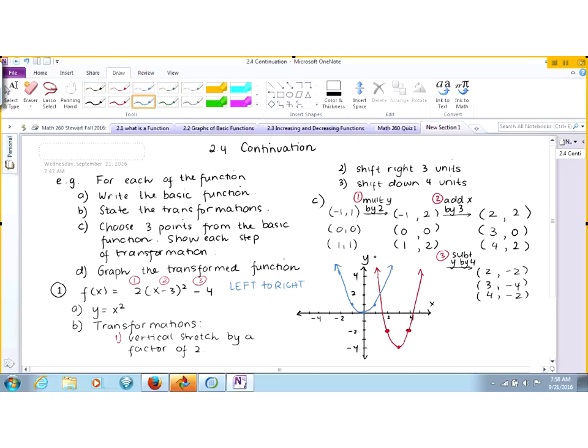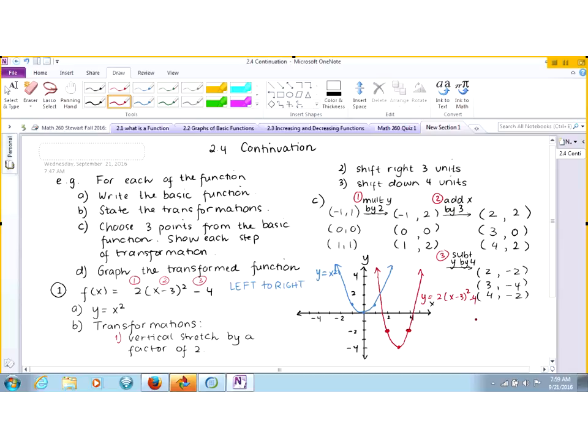So the blue one is the original. So the blue one is y equals x squared. That's my original. And this one is y is equal to 2 times (x minus 3) squared minus 4.